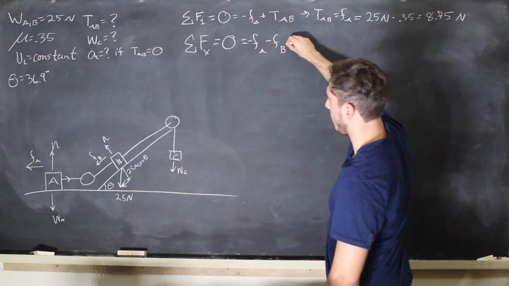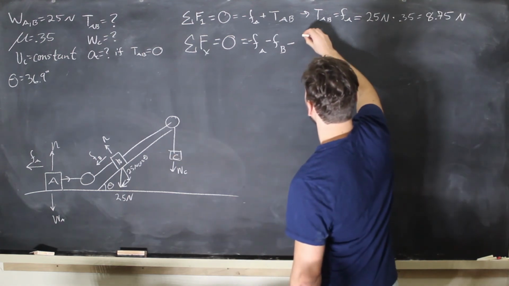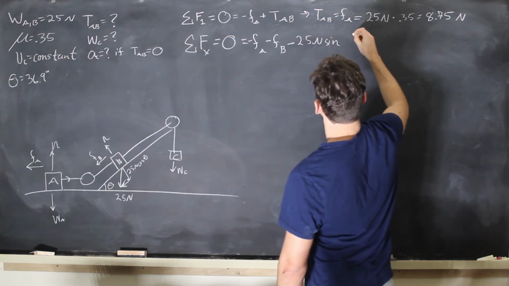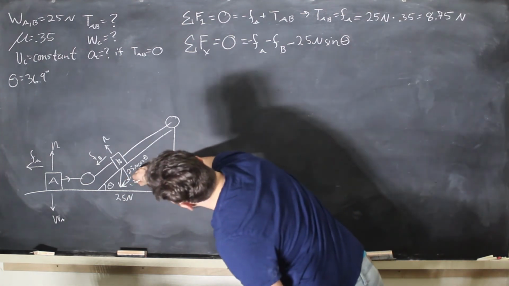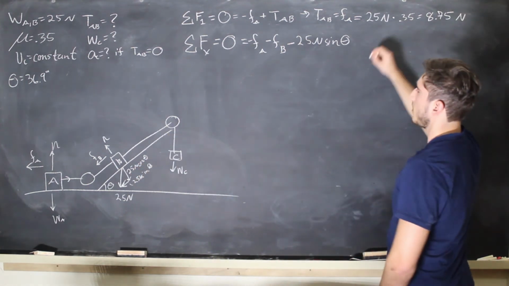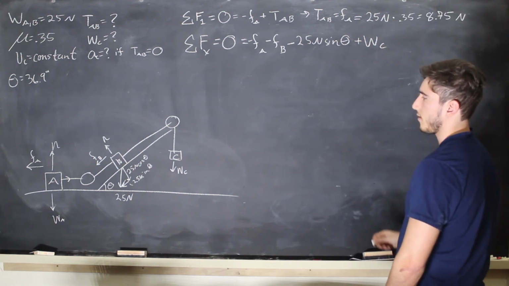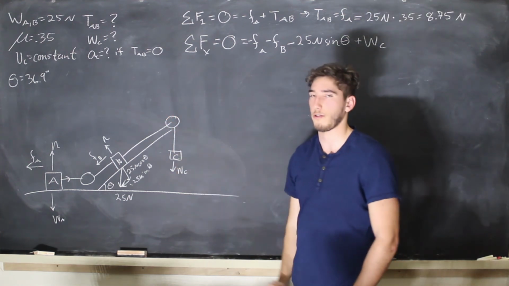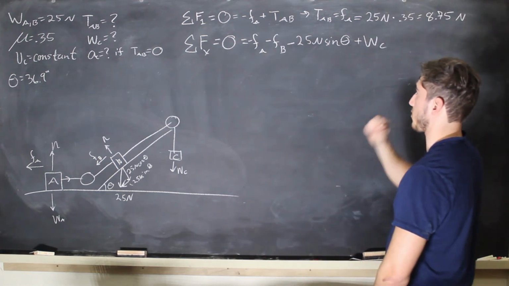And we also have the force of gravity on B, which is going to be 25 newtons sine theta, plus the weight of C. It's going down, but because the pulley is changing the direction, we're basically going to the right if we're looking at it from a horizontal perspective.